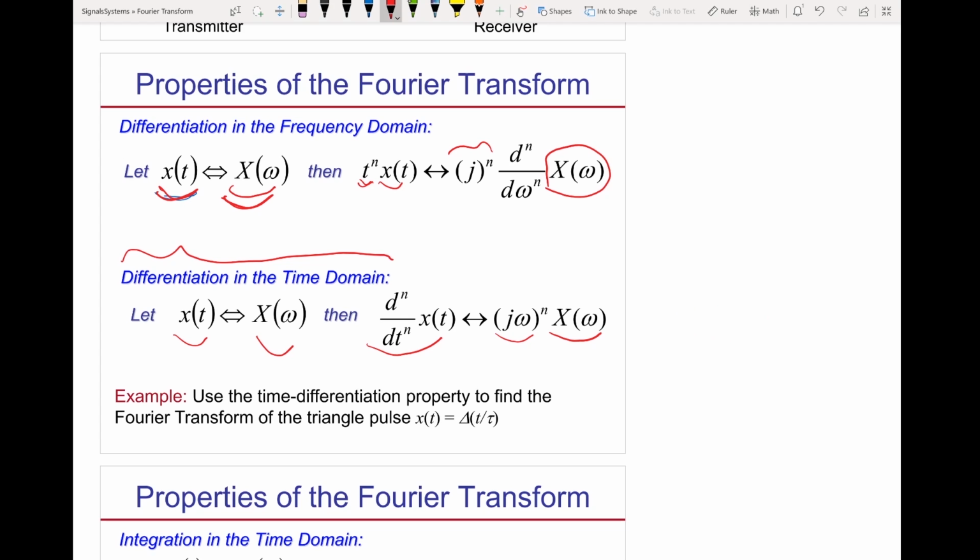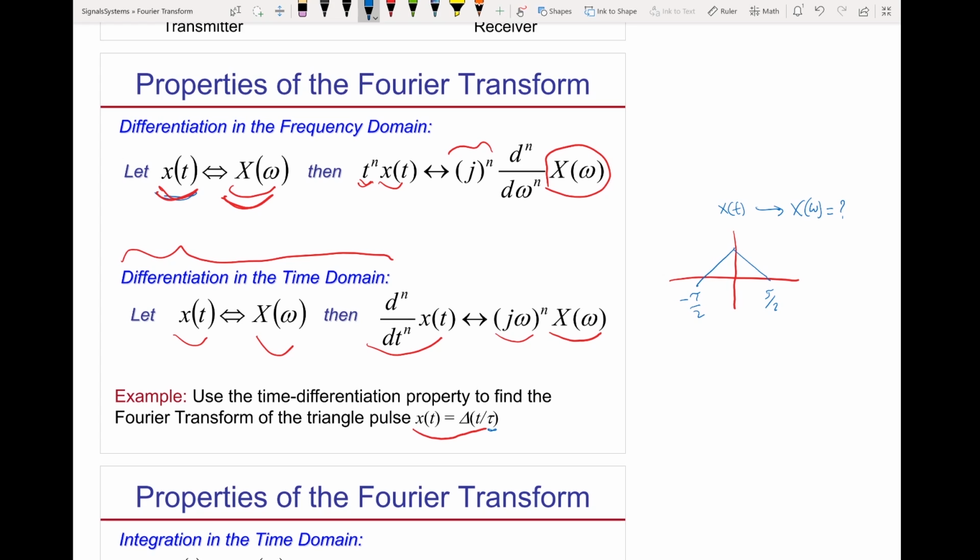To practice with this one, we have a function here that we solved in the Laplace domain, and it's similar. So you have a function with width tau, so this is tau over 2, this is minus tau over 2. And we need to find X of omega. One way is just to carry out the integration.